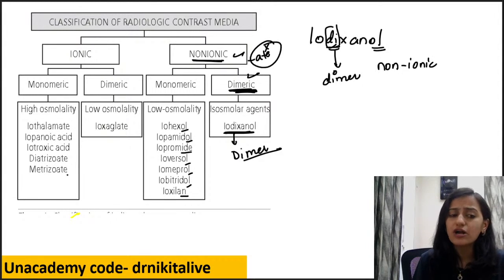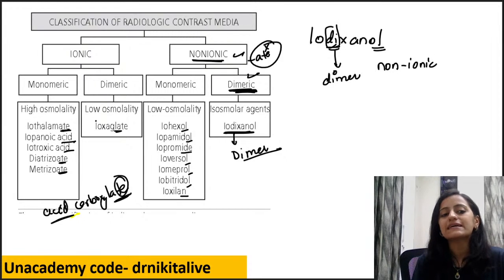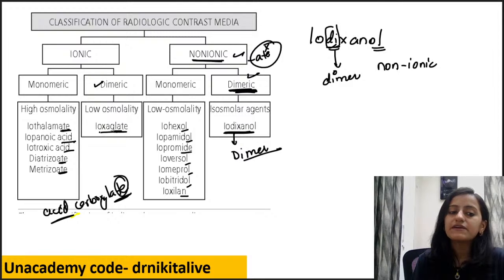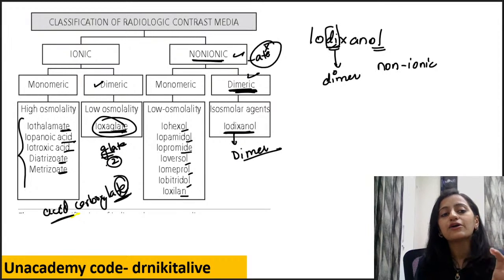For the ionic contrast, the examples are iothalamate, diatrizoate, metrizoate, ioxaglate, and it could be acid. Acid is basically your carboxylate, the carboxyl group, so it could be acid or ATE. Those are your ionic examples. In ionic dimer, we have one example, that is ioxaglate. Rest all of them are ionic monomer. So remember, it is glate, which is your ionic dimer.